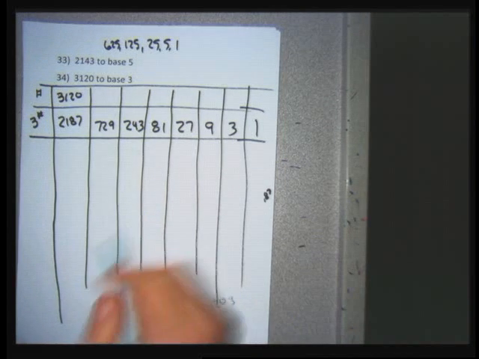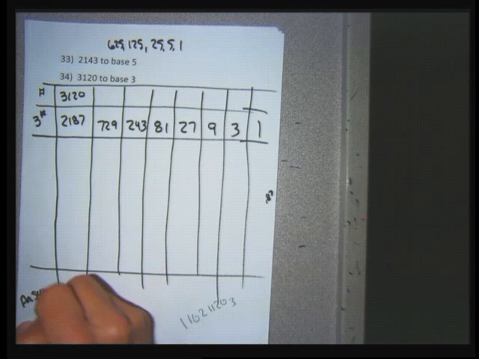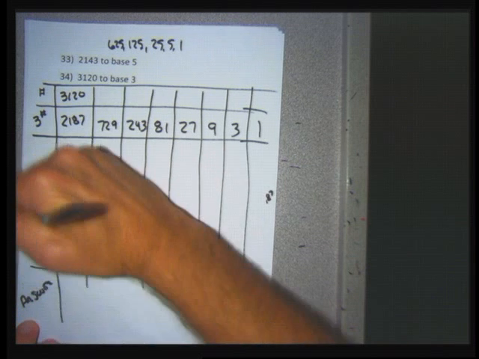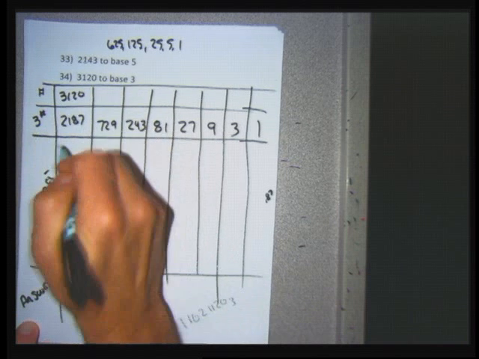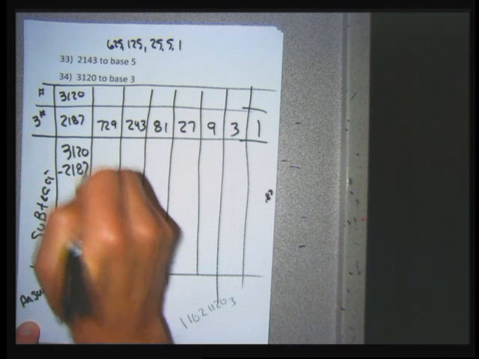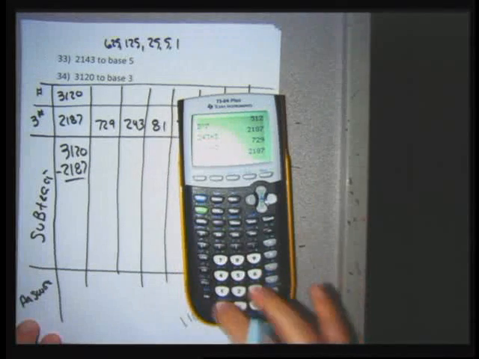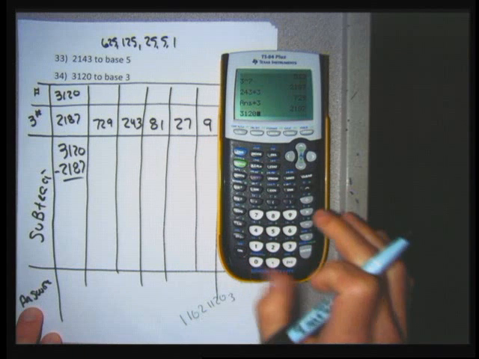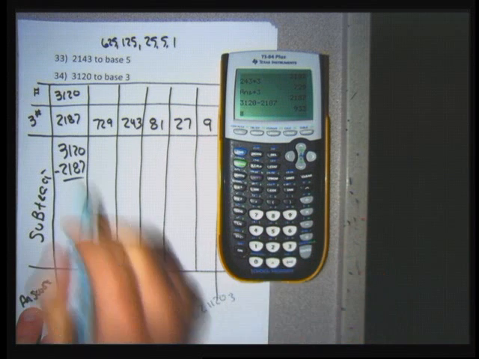First subtraction, and then my answer. So subtract. So 3120 minus 2187 equals 933.